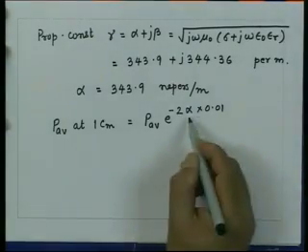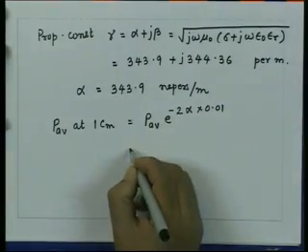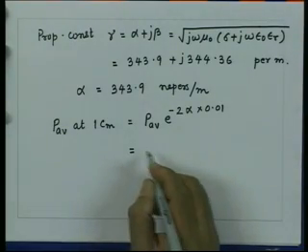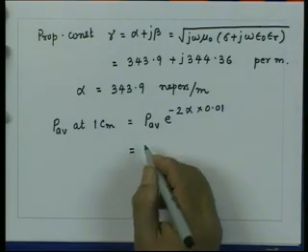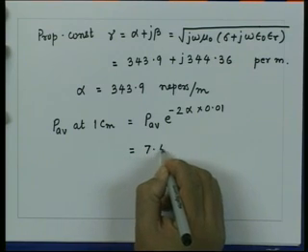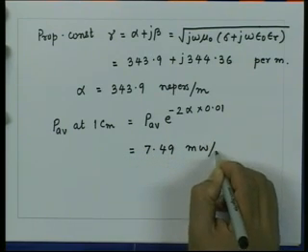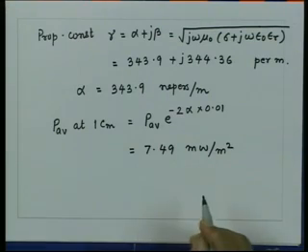Substituting the value of alpha, we get the power density at 1 centimeter equal to 7.49 milliwatts per meter square.